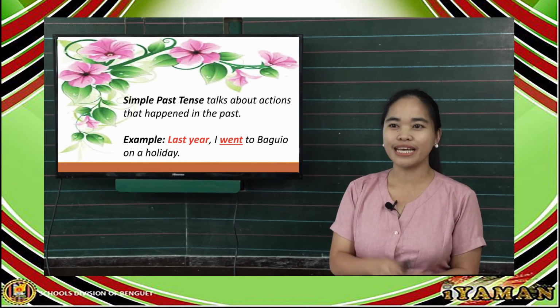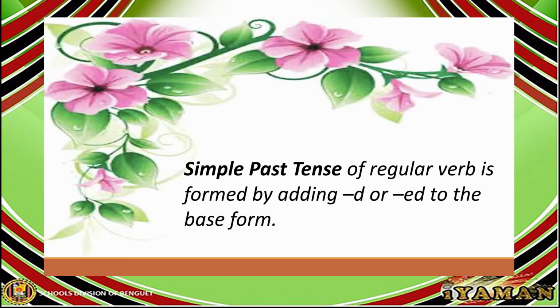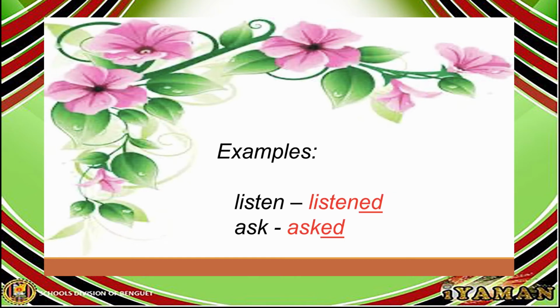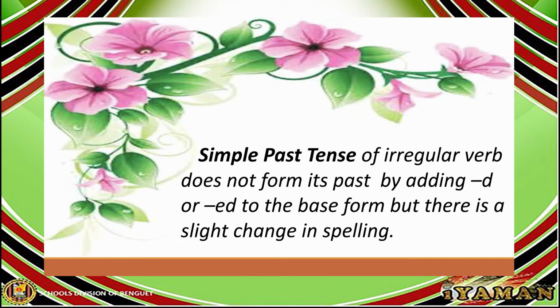Okay, now there are ways in which we can identify the past tense of a verb. We have here the regular verb. So the simple past tense of regular verb is formed by simply adding D or ED to the base form. Example, listen to listened. Ask, we have asked with an ED. Second one, we also have the simple past tense of irregular verb.